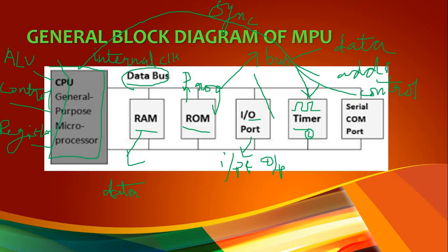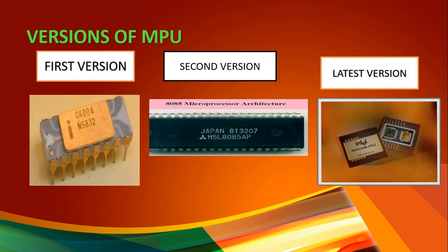The address bus will carry only the set of addresses from the processor to the other components. The control bus will carry only the control signals from the processor to the other components. Okay, this is the general block diagram of a microprocessor unit.